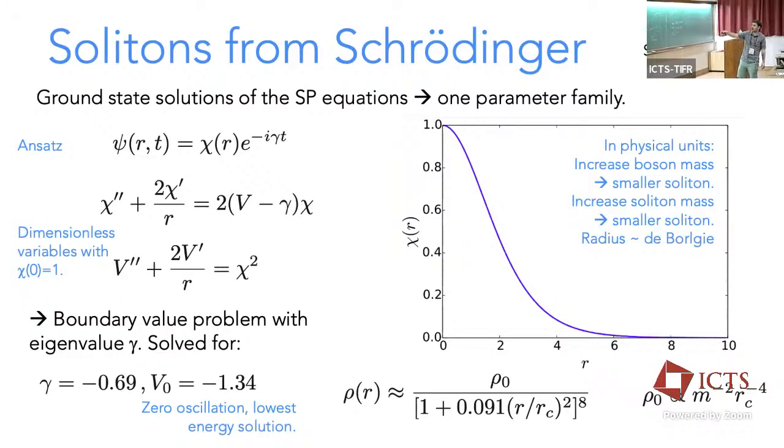So here's chi of r, I've normalized it to 1 at the origin, and it decays like this. So the wave function oscillates, but the density, which is the square of the wave function, is constant because it's just got one energy state in it, and this is the soliton solution. So in the non-relativistic limit, it's a true soliton. It's time independent.